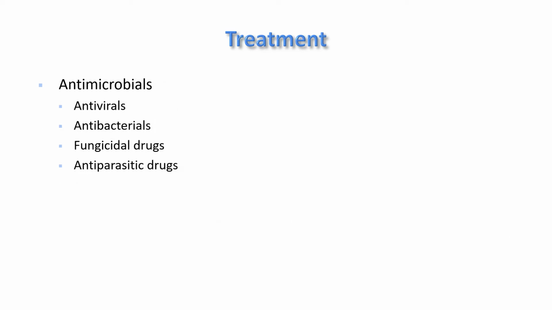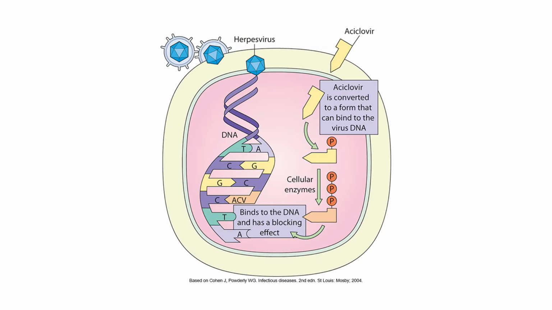All right, treatment. How do we treat these infections? Now, infections can be treated by drugs. These are called antimicrobials. So you can have drugs against viruses, against bacteria, fungicidal drugs, antiparasitic drugs even. All right. Now this is just to give you an example of an antiviral drug, acyclovir, which is used for certain viral infections.